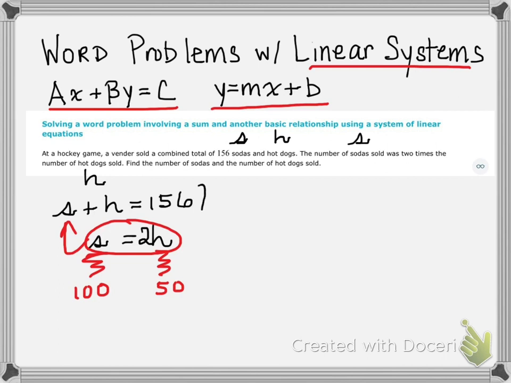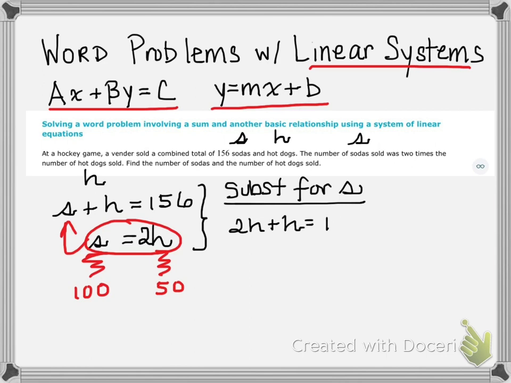Putting these 2 equations together with that substitution for S, I can say 2H plus H is equal to 156. And then we've got a really basic algebraic equation that we can solve here. And I get that H is 52.